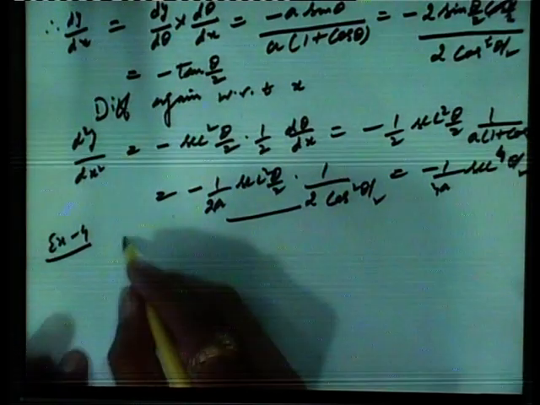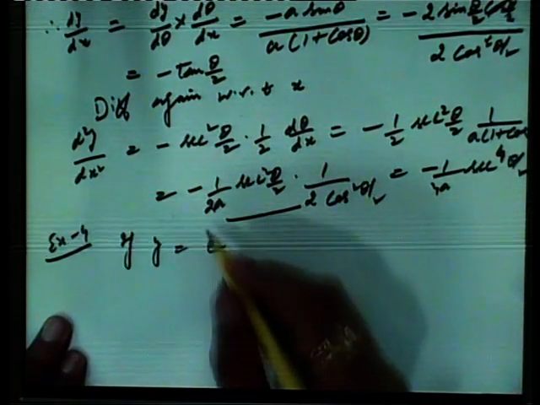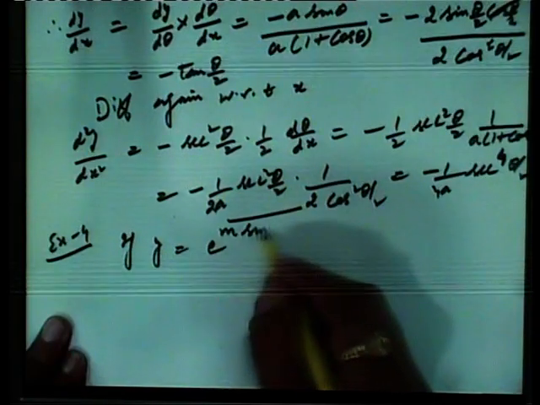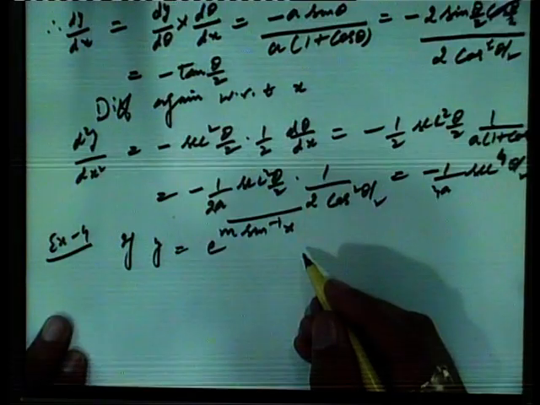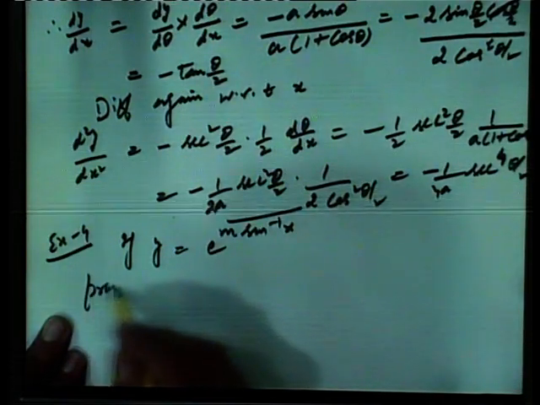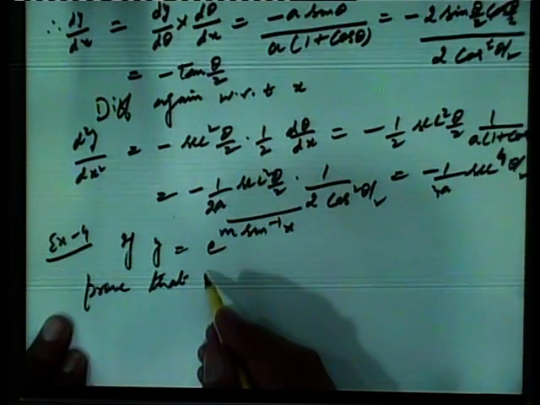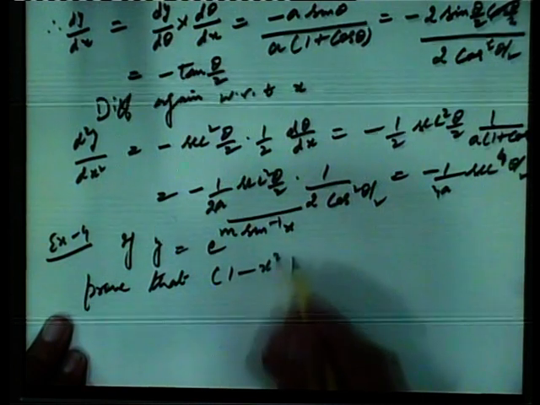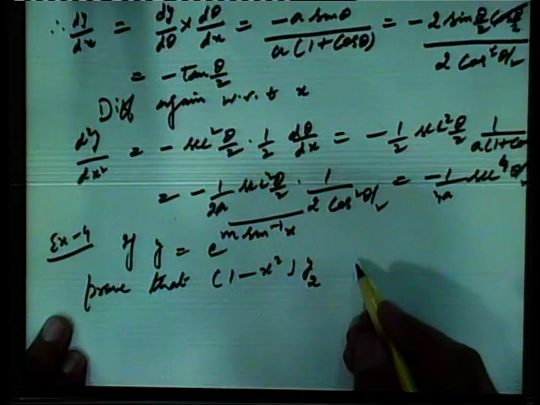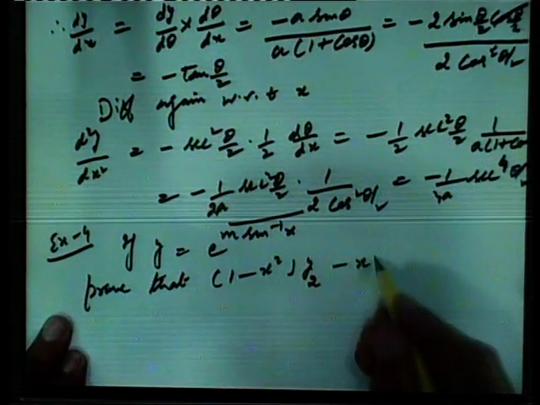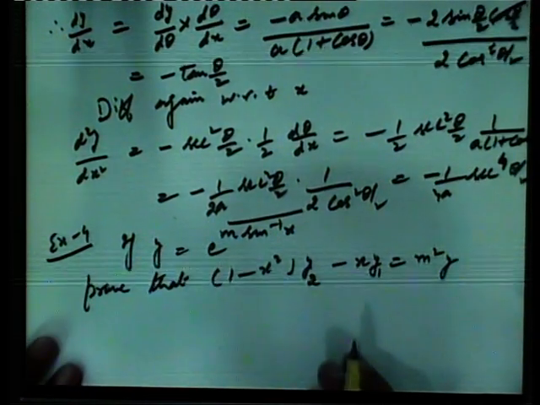If y is equal to e raised to power m sin inverse x, prove that (1 minus x square) y2 minus x y1 is equal to m square y. Now, you want to prove this.